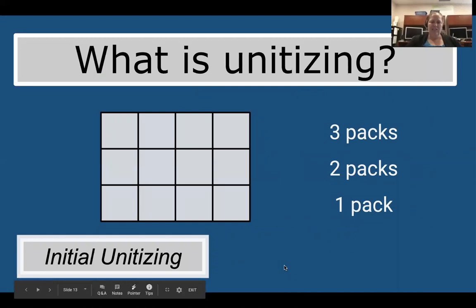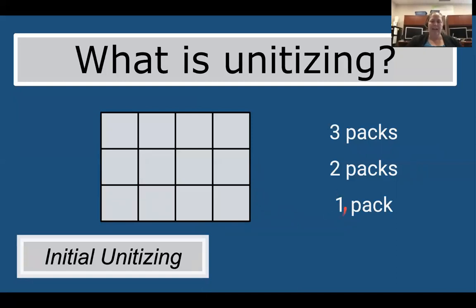Unitizing is the ability for a student to think about a group of objects, in this case 4 gum, and also be able to think about using their counting numbers to count a group of objects. Up until the point when a child can unitize, each number only ever represented that specific thing.